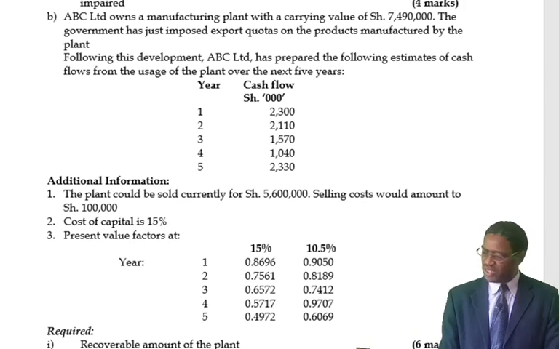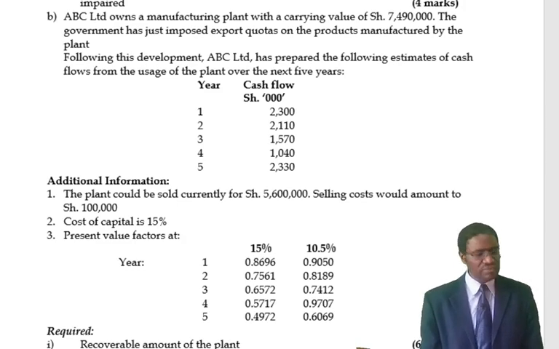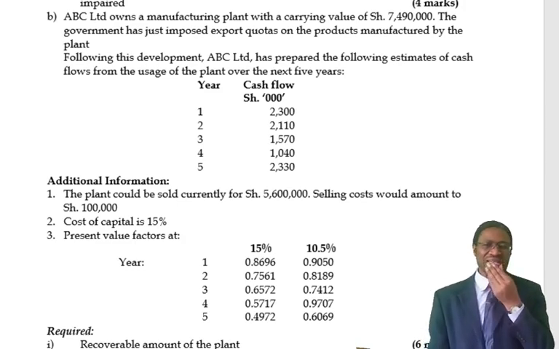Then you write: it is equal to 7,490,000 minus 6,380,299. What are you getting? How much are you getting as the impairment loss?